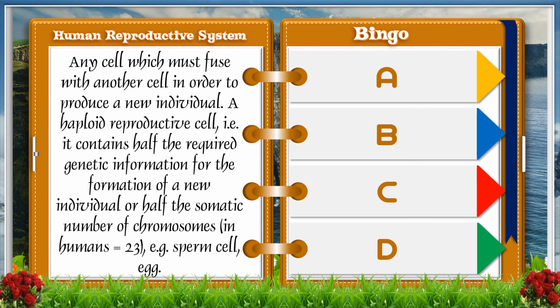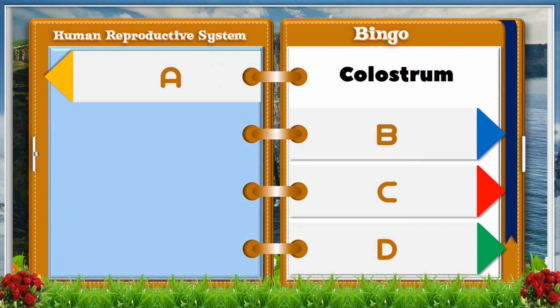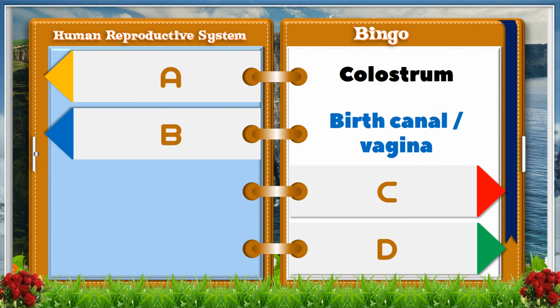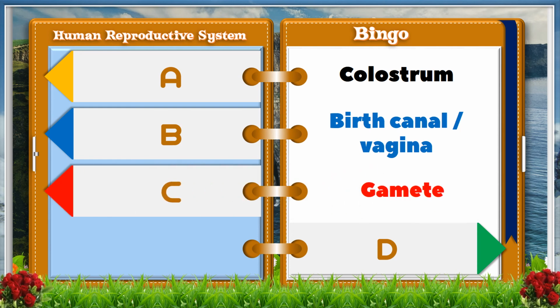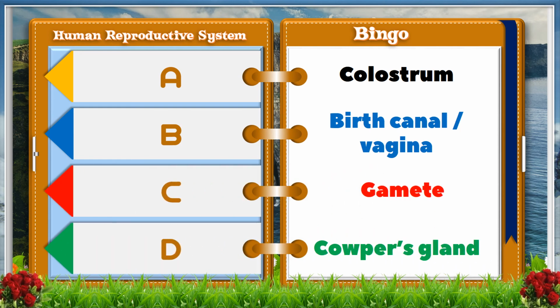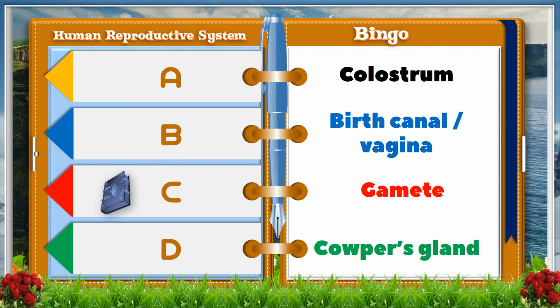In a human, it is 23. For example, sperm cell and egg. A. Colostrum. B. Birth canal. C. Gamete. D. Corpus gland. And the answer is C. Gamete.